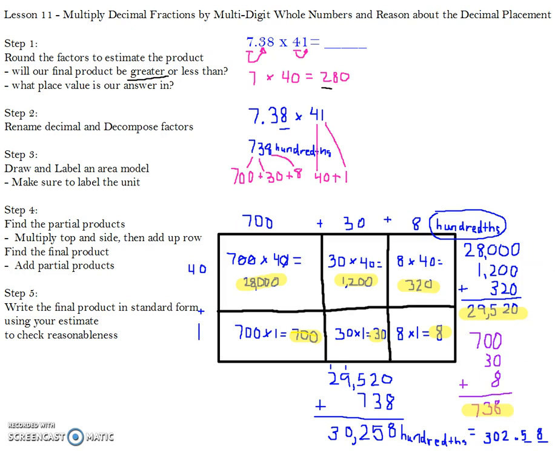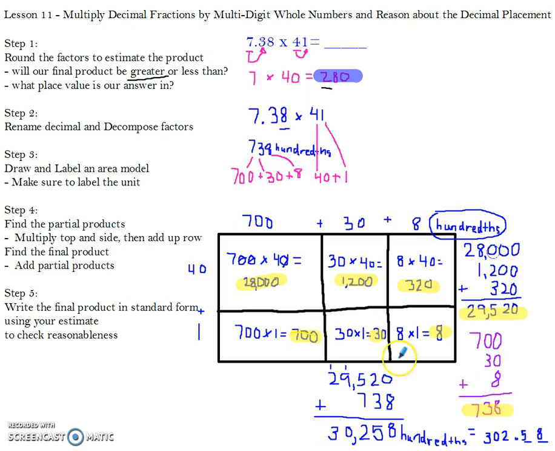The other thing that you can do is looking at our final product here in 30,258 hundredths and relating it back to our estimate. We can say, oh, I notice that my estimate is in the hundreds place value, which must mean that my final product will also be in the hundreds.